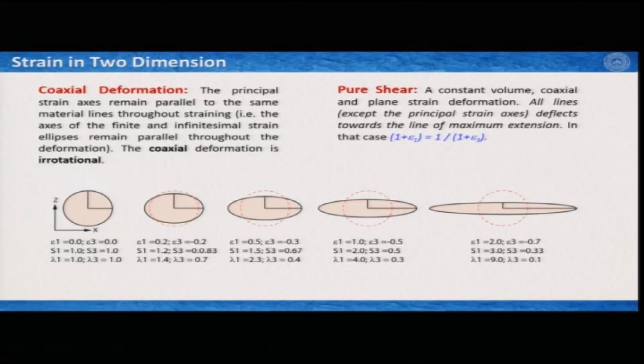So a coaxial deformation is defined as one where the principal strain axes remain parallel to the same material lines throughout the straining process. That means the axes of the finite and infinitesimal strain ellipses remain parallel throughout the deformation.